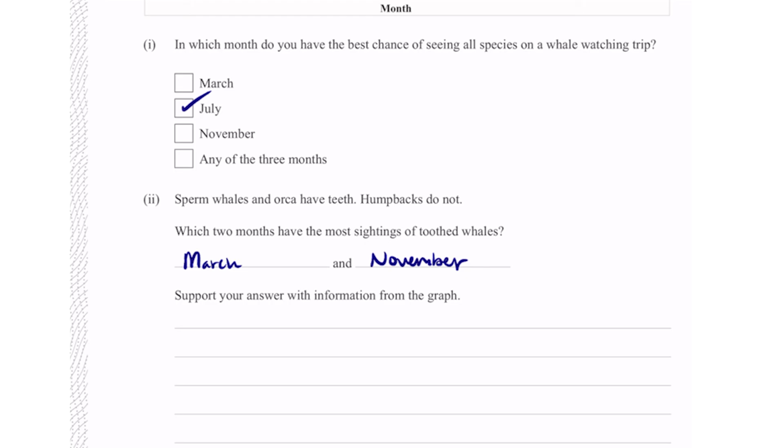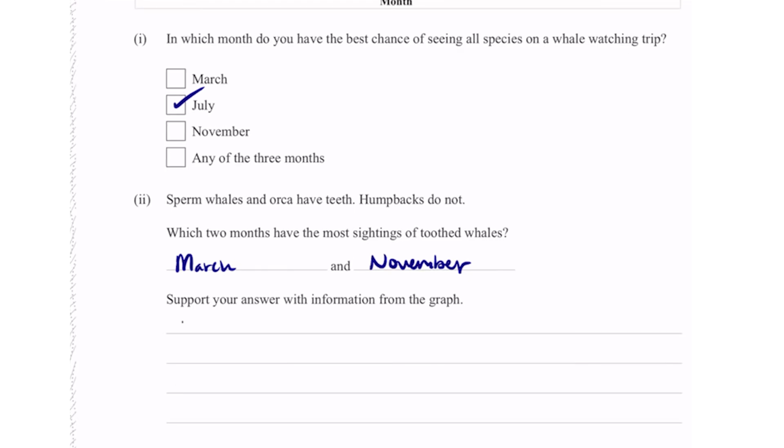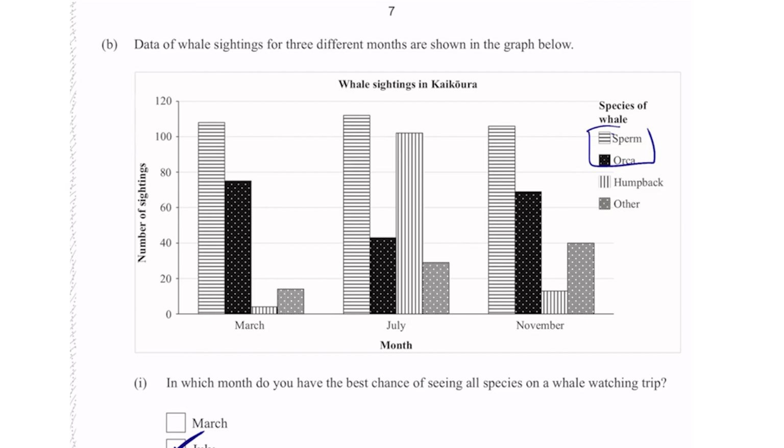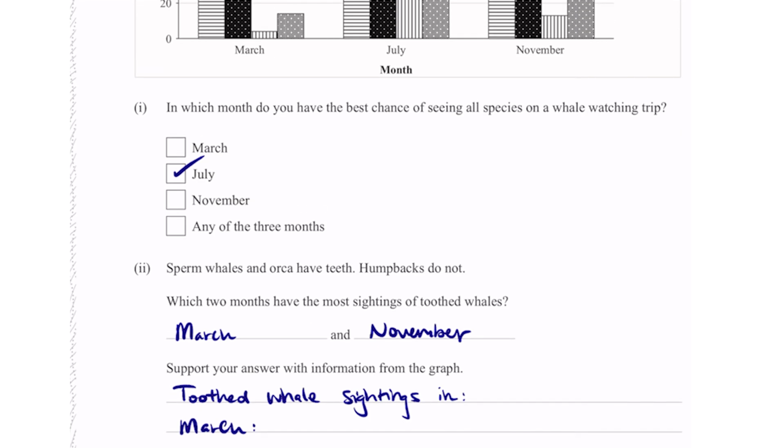So we'll go toothed whale sightings in. So if we look at the toothed sightings in March, we are looking at sperm and orca, right?